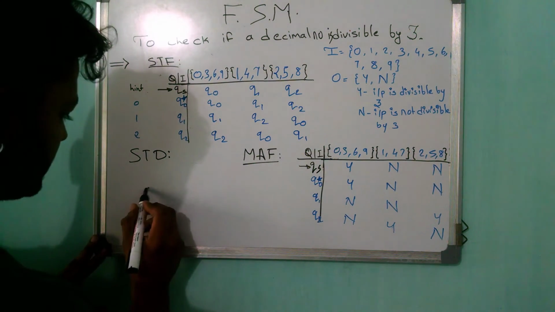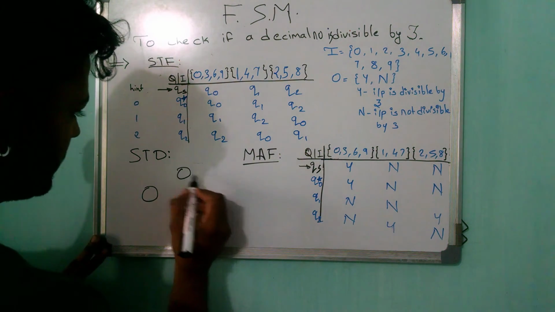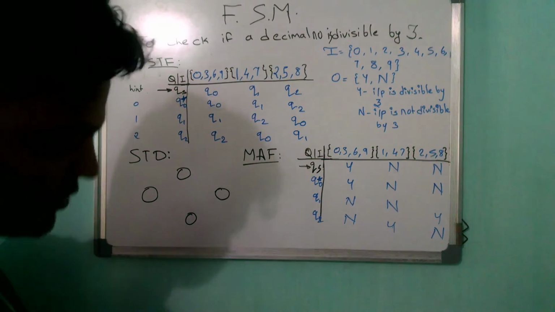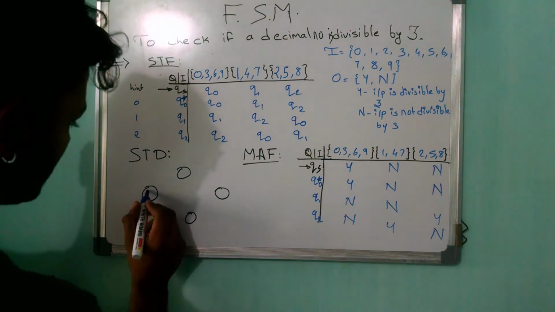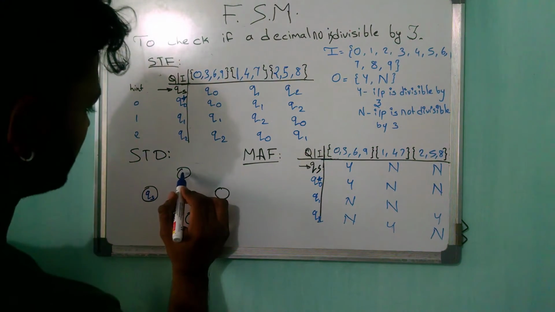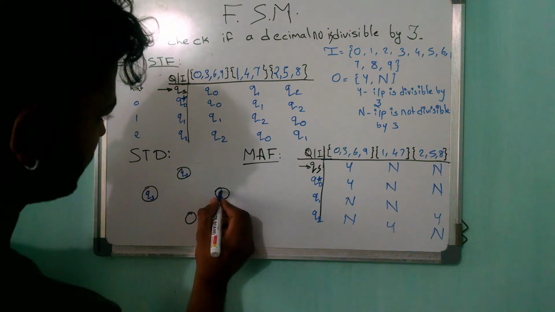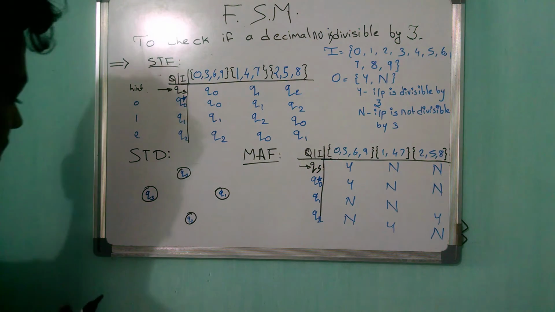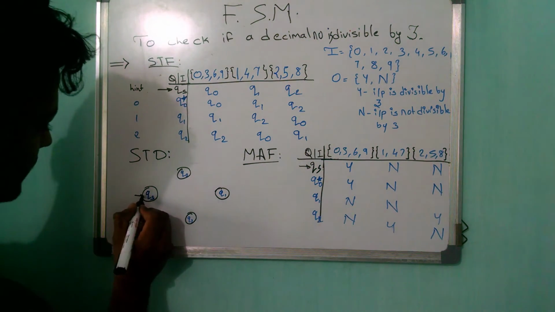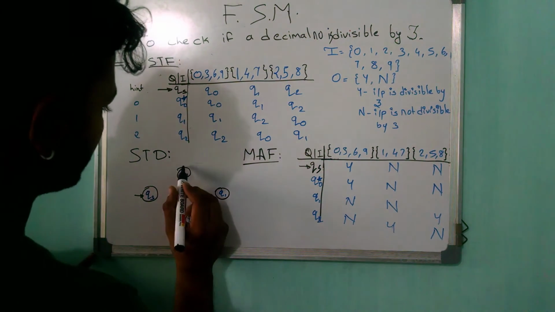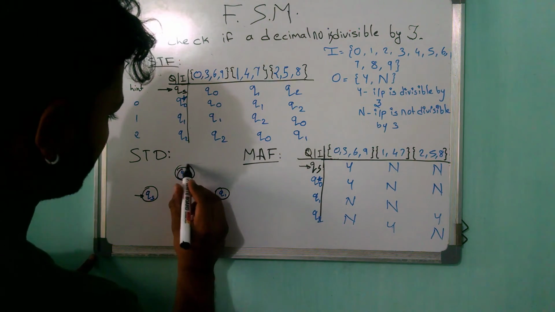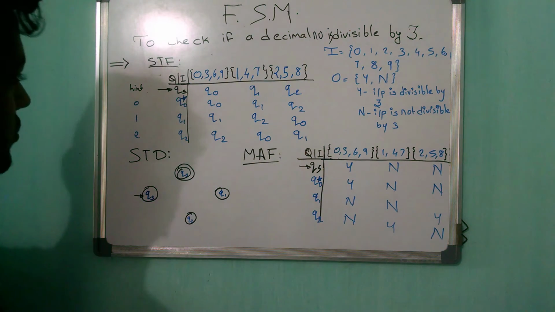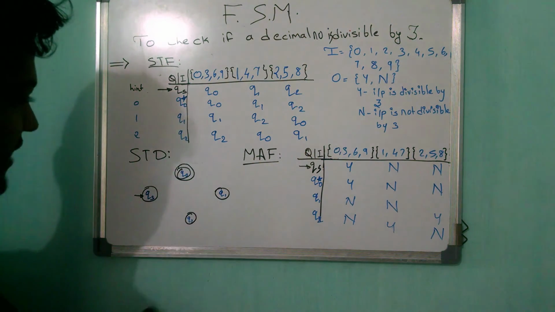So we'll draw 4 circles, one for each state, starting from Qs, Q0, Q1 and Q2. And then for Qs as the start state, we put in the arrow for start state. Q0 is the final state, so we double circle it. Okay, so we're done. So now we'll draw the edges.